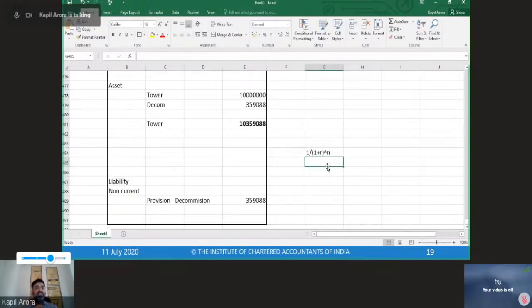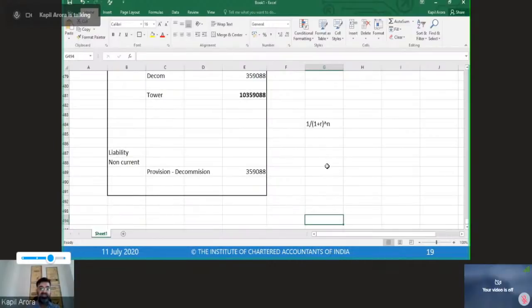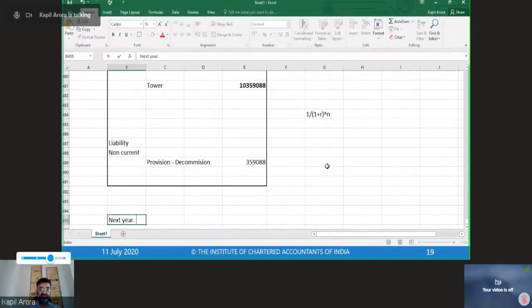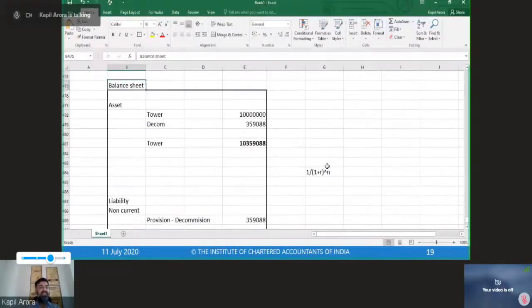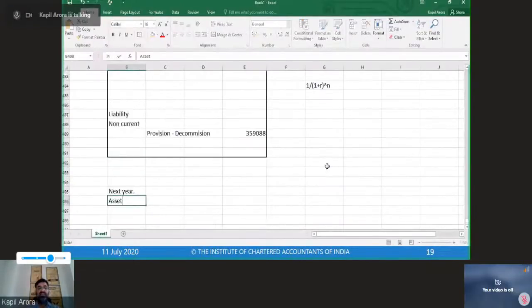Right? Now my question, what will happen next year? This is on the date of adding the asset. But what happens next year? Asset will get depreciated. Asset will get depreciated, which we have seen.